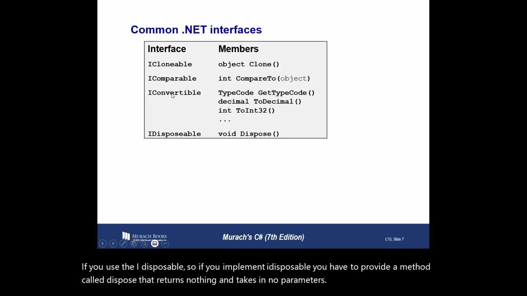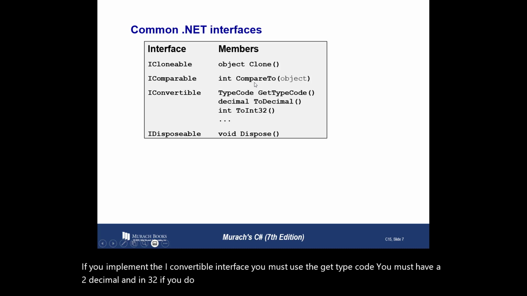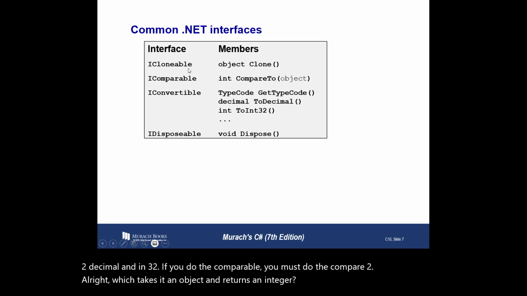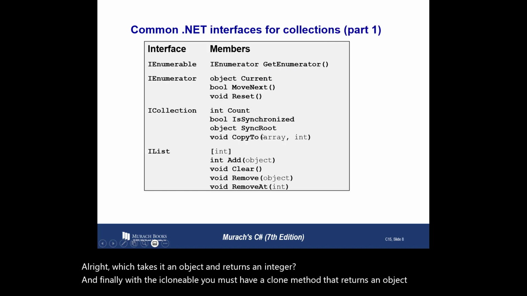If you implement the IConvertible interface, you must use the GetTypeCode. You must have a ToDecimal and a ToInt32. If you do the IComparable, you must do the CompareTo, which takes in an object and returns an integer. And finally, with the ICloneable, you must have a Clone method that returns an object and takes in nothing.